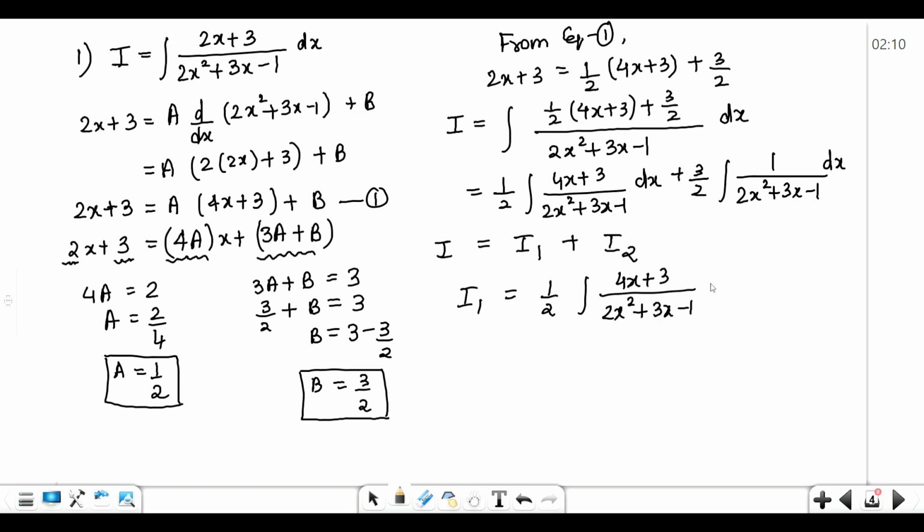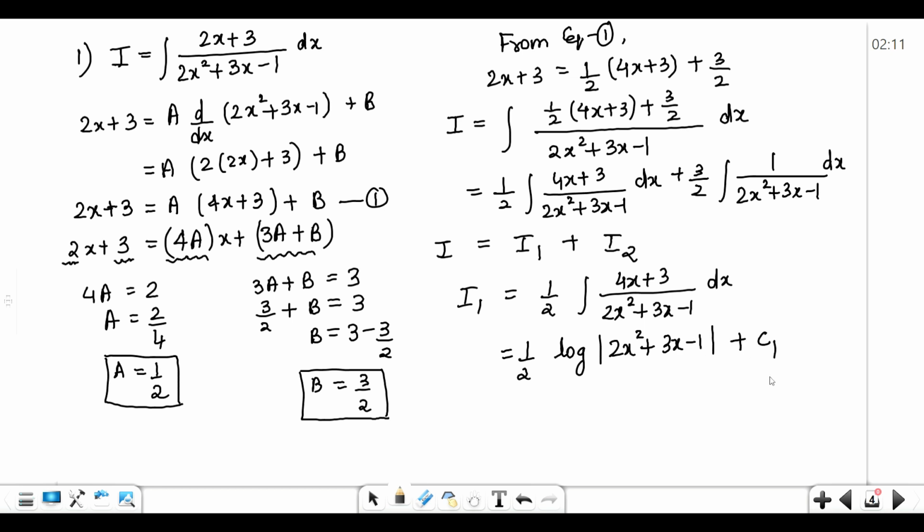Now I have told you how we can evaluate I1 by using the property integration f dash of x upon f of x. You can just verify here, in the denominator we have 2x square plus 3x minus 1. If you take the derivative of the denominator, you will get 4x plus 3. So we can directly write the answer here, which is log of mod 2x square plus 3x minus 1 plus c1.